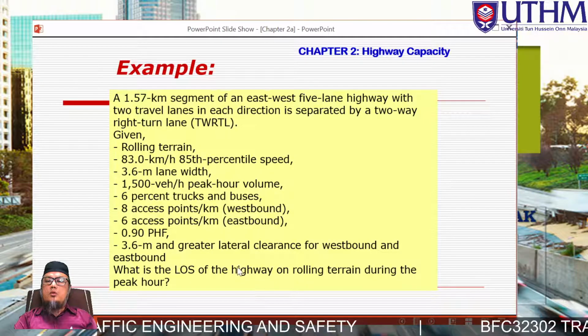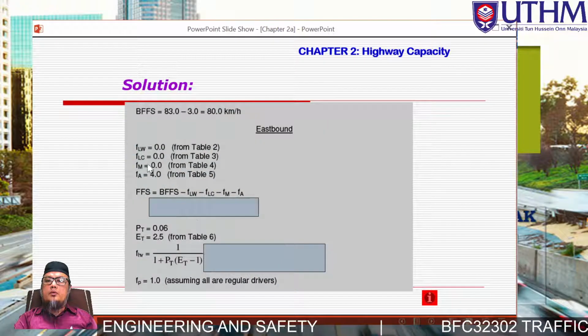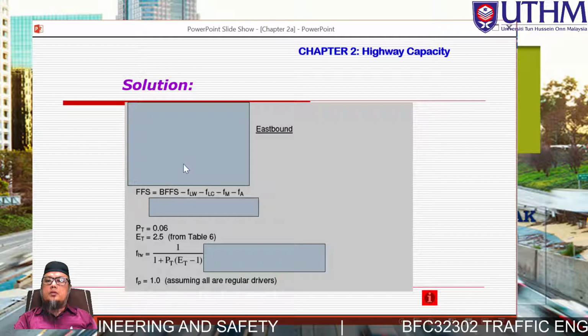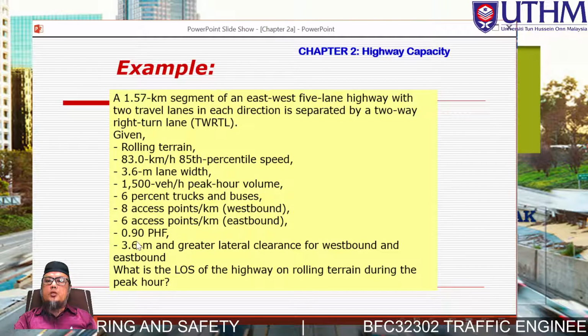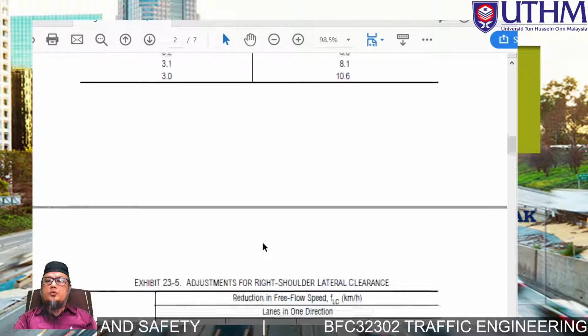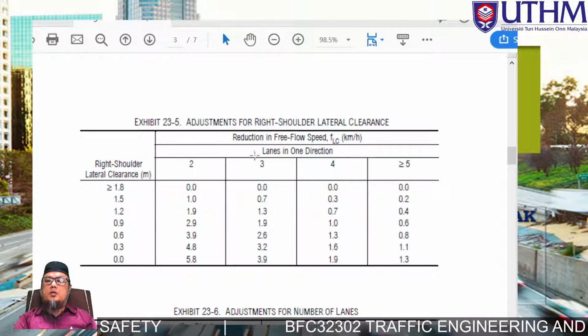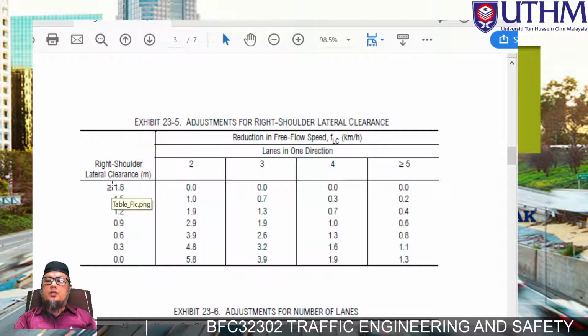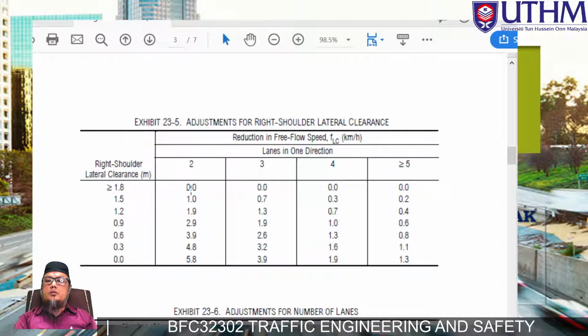Okay, now lateral clearance. So in this particular example, they put 3.6. Lateral clearance, 3.6, so over 1.8, half of the shoulder.